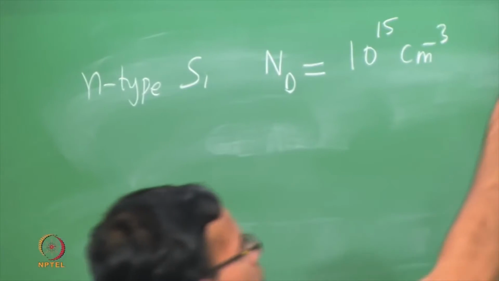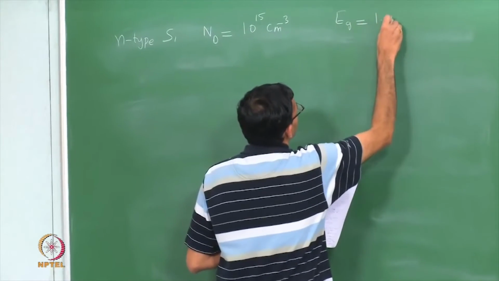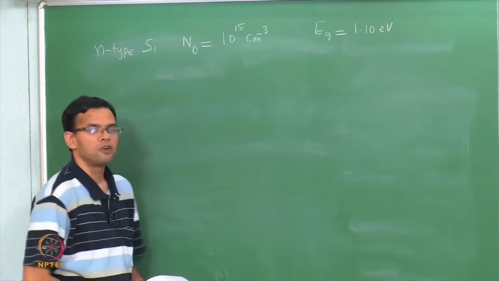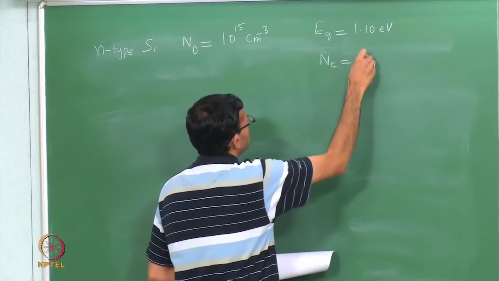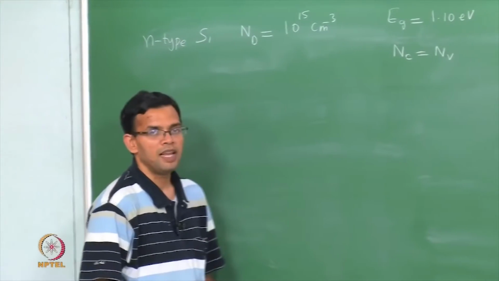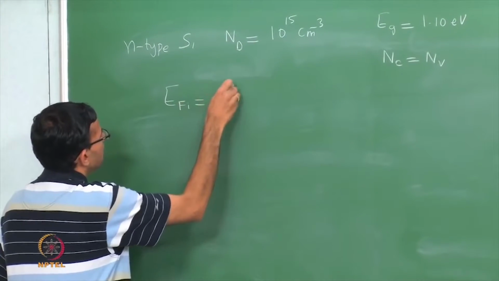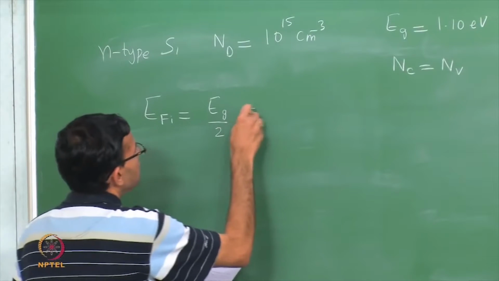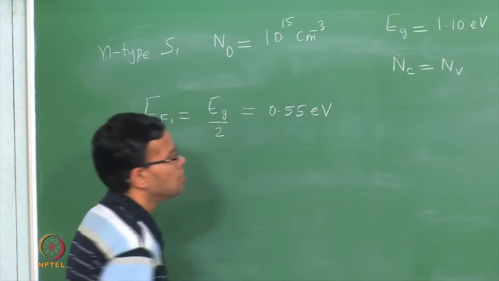We know the band gap of silicon Eg at room temperature is 1.10 electron volts. For simplicity, let us just say Nc is equal to Nv. So, the intrinsic position of the Fermi level EFI will be just Eg over 2. We know this to be 0.55 electron volts.